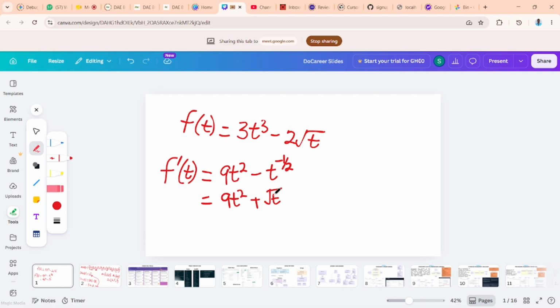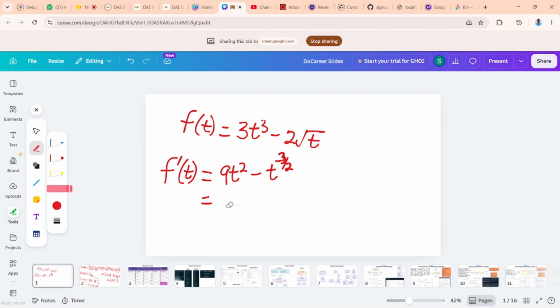Wait, let me see something. It's actually minus 3 over 2. The t is raised to the power minus 3 over 2.